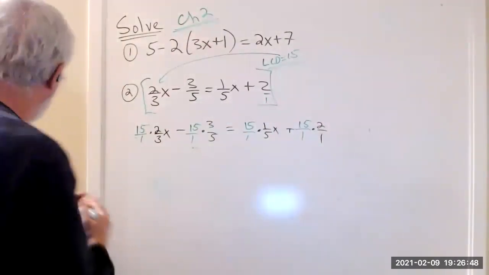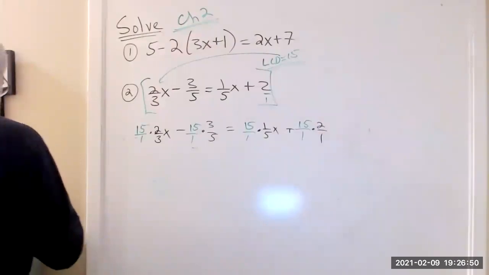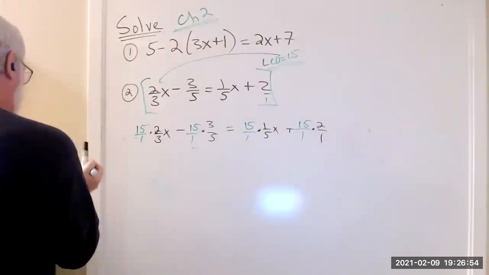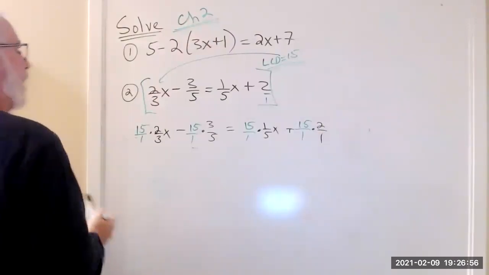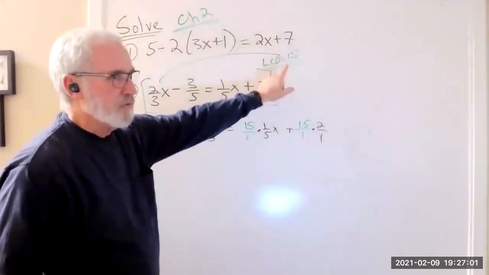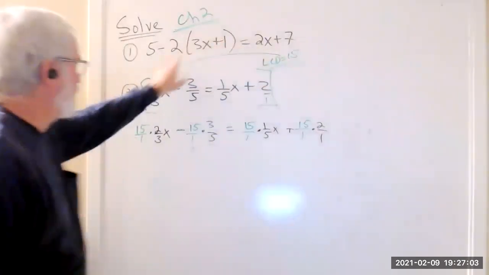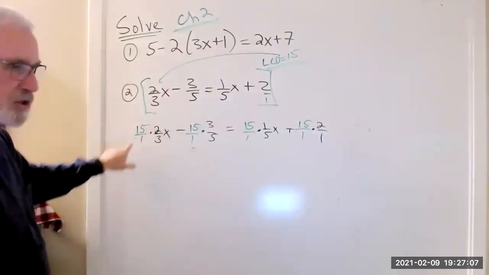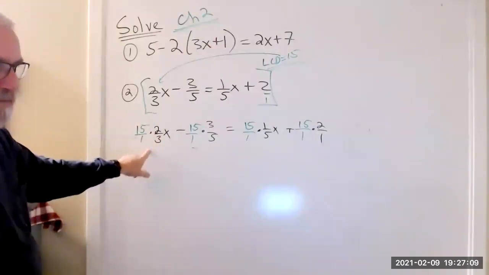Okay, now I'm going to say something that's really kind of scary. I totally accept that some of you can distribute the 15 here in your head and reduce this in your head.